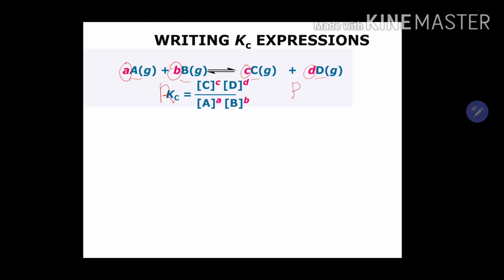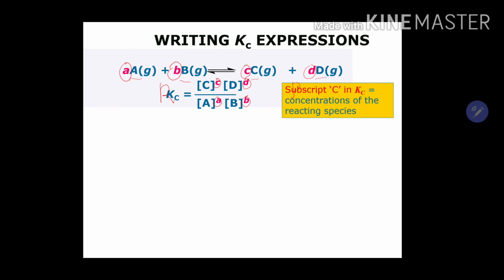So the small letters c, d are the powers of the products. Small letters a, b are the powers, or the coefficients, of the reactants.